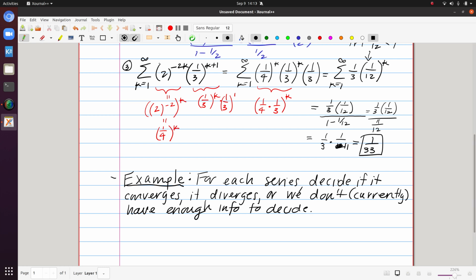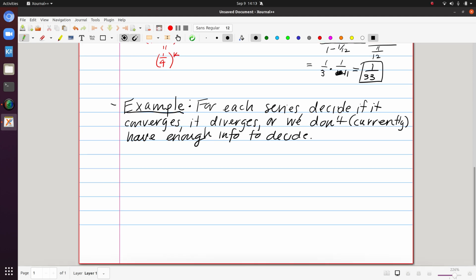And I say currently because, again, we're going to continue to see different tests for convergence and divergence. So it could very much be the case that we don't have information at this point, but if you were to look back at this lecture after seeing some future ones, you would be able to determine that.